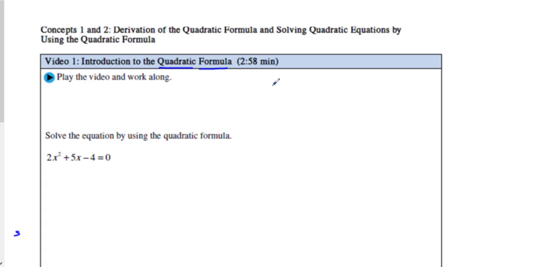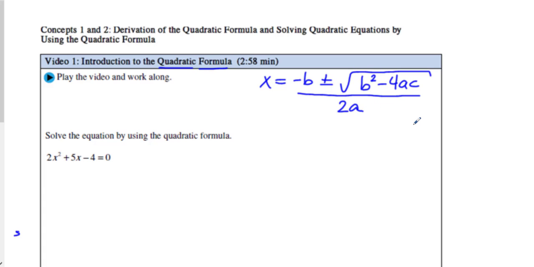The quadratic formula says x equals negative b plus or minus the square root of b squared minus 4ac all over 2a. Now you ask yourself, we got x's, a's, b's, c's. How this works is we've got ax squared plus bx plus c equal to 0.